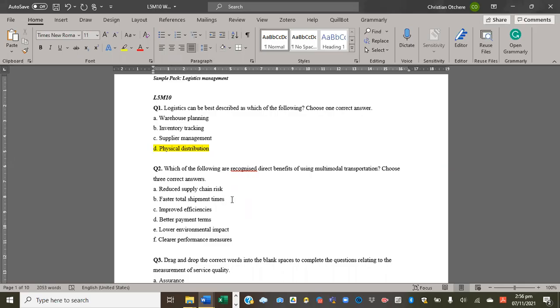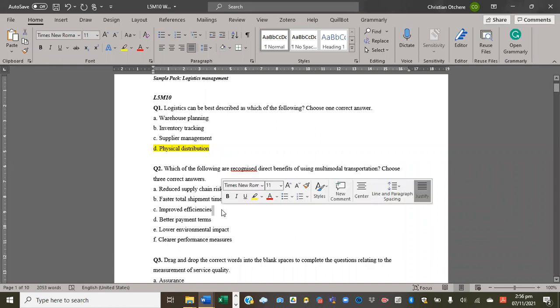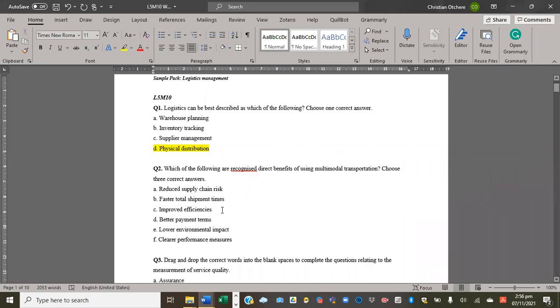Okay. Then improved efficiencies. Yes, that also makes sense. What about better payment terms? Well, because the question is select 3.